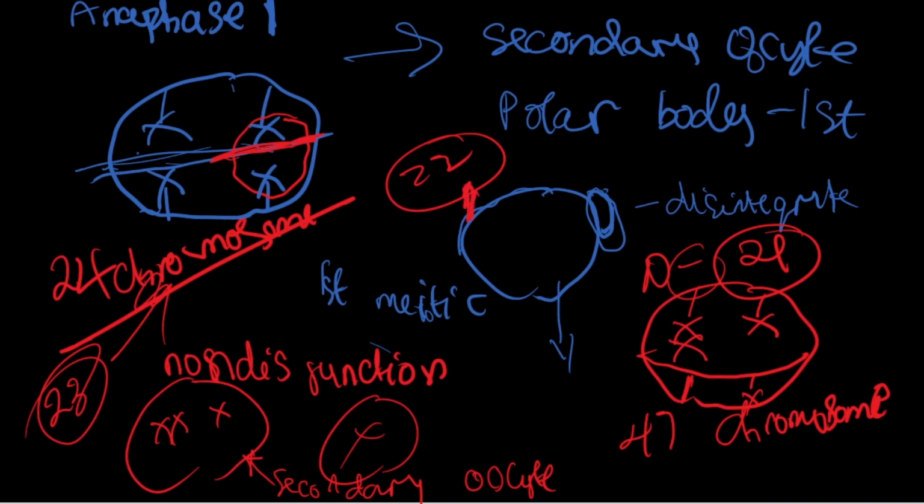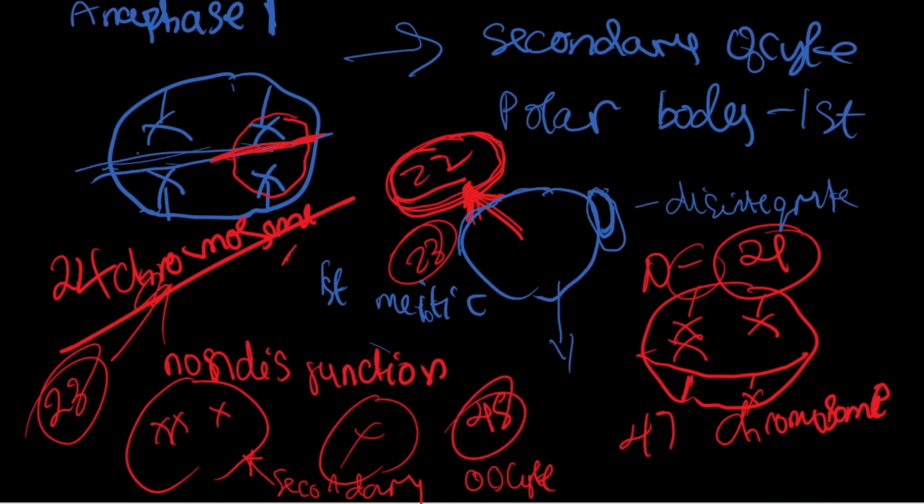If the secondary oocyte is the one that gets 22 chromosomes while the polar body gets the 24, when this secondary oocyte with 22 chromosomes is fertilized with a sperm containing 23 chromosomes, it results in an embryo with 45 chromosomes.